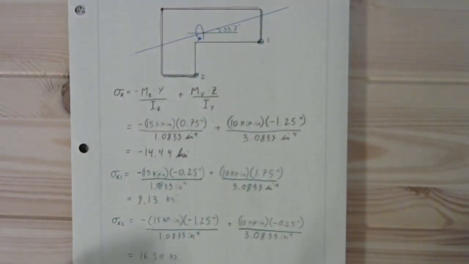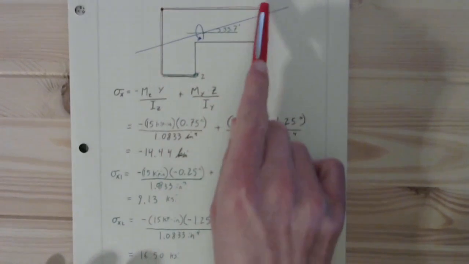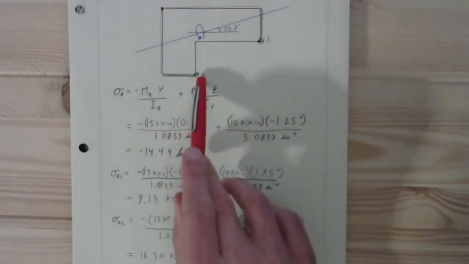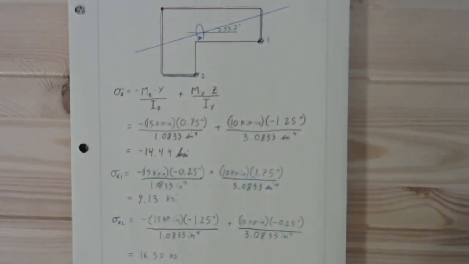Where they meet is obviously going to be the maximum. It got more complicated when we came down here, and we weren't sure where the maximum tensile stress would be, but we determined that it would be right there, which does make sense, right?